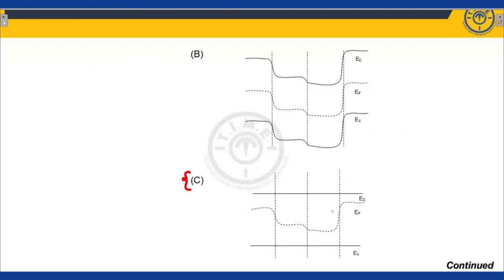In N-type semiconductors, the Fermi level is close to the conduction band. N-type or P-type? In P-type semiconductor, it is here.